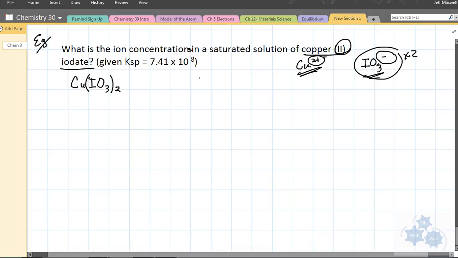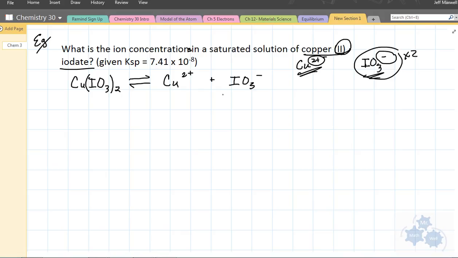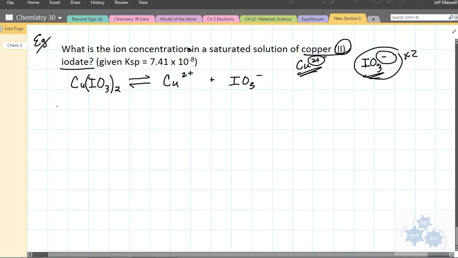So copper 2 iodate, and we're looking at what happens when we're at phase equilibrium with our ions. So Cu2+ and IO3-. Is this equation good? Anything we have to do here? We want to work with a balanced equation, right? So what do we need to do?